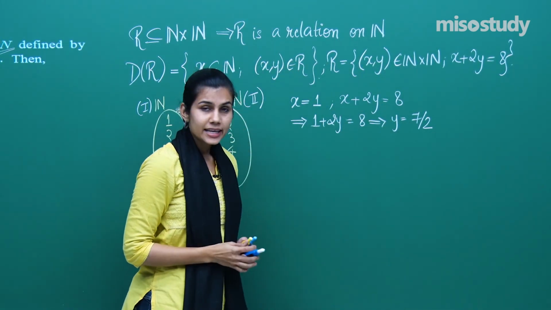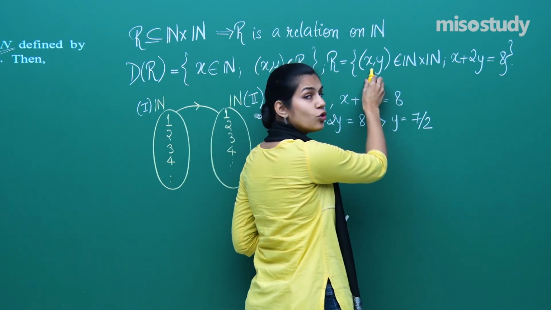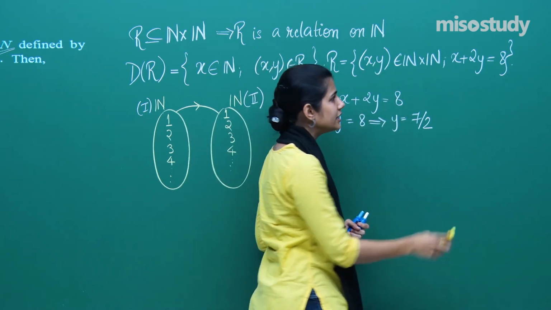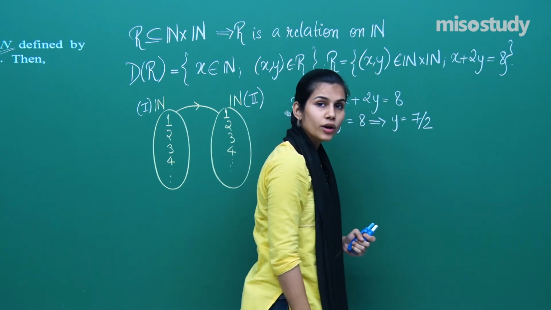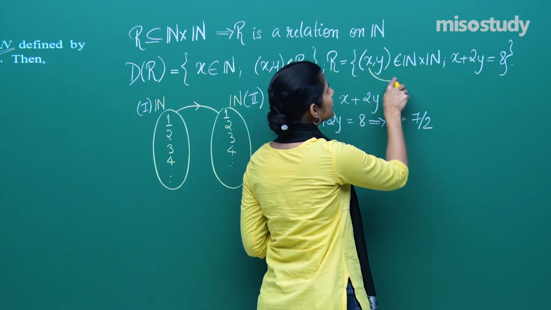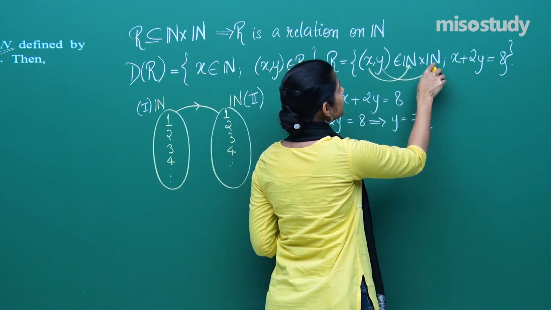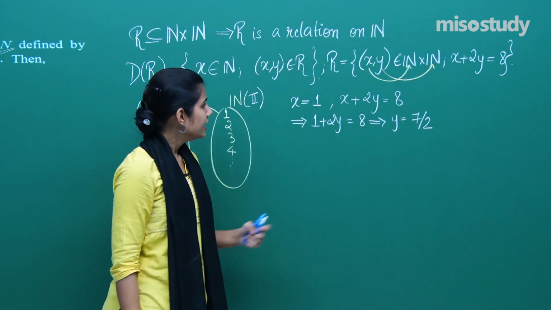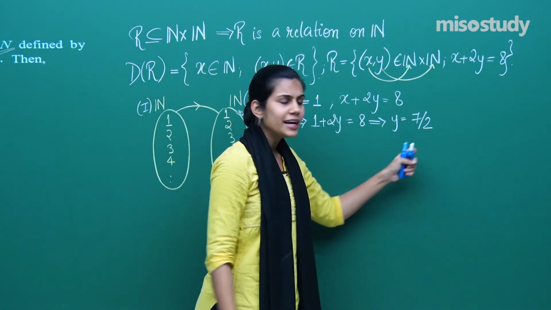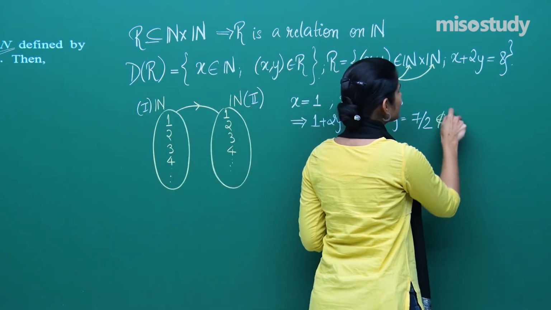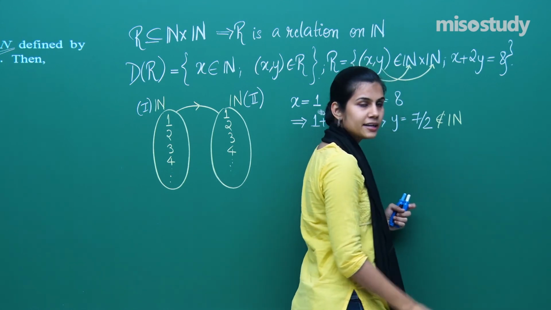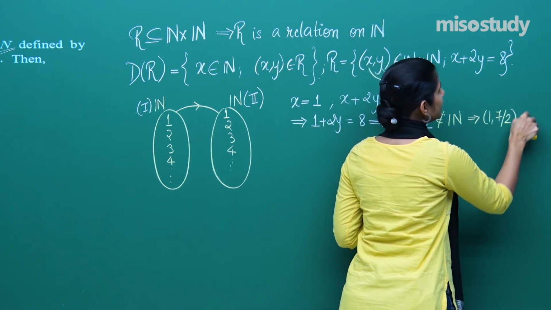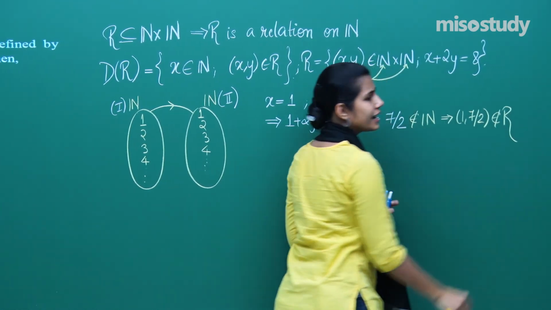The first thing is that I just don't want the two components x and y to satisfy the rule, but I also want both the first component and the second component to come from the set of naturals. Here 1 is related to 7/2, but 7/2 does not belong to N, which implies (1, 7/2) does not belong to the relation R.